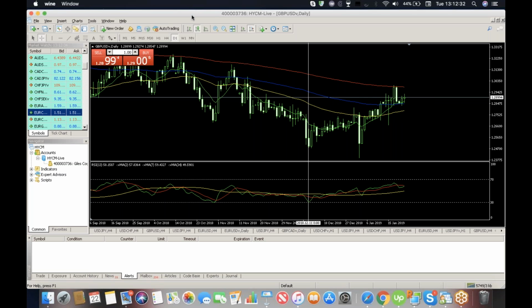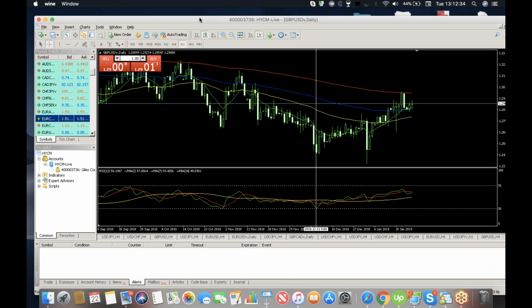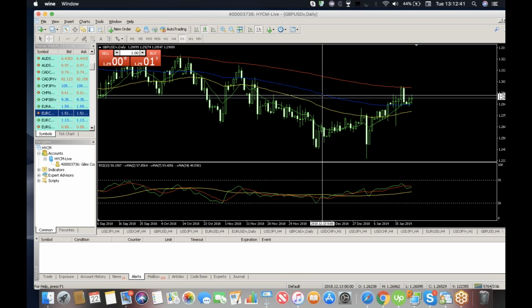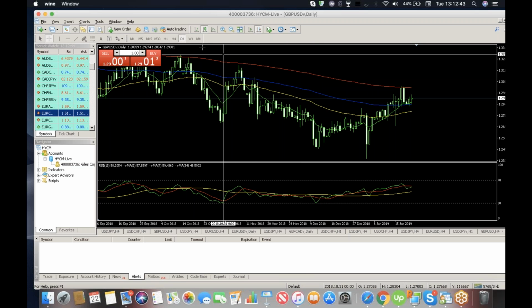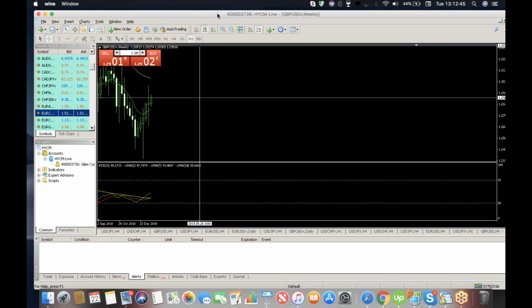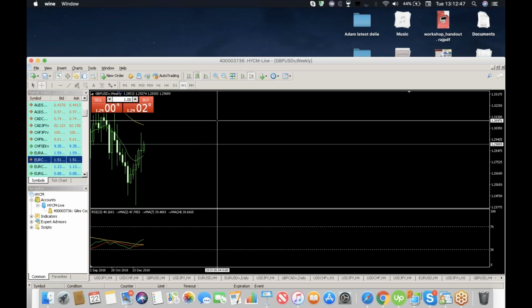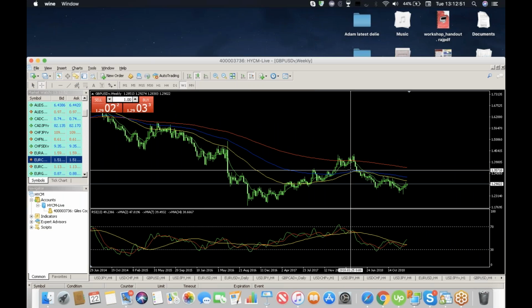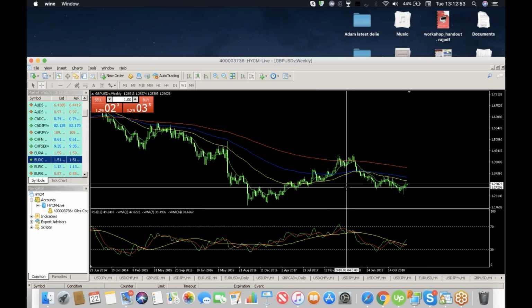Obviously, it's a big event risk for the pound, particularly headline risk. The thing to look out for is if you get a resolution of the Brexit deal. If you do, most analysts have fair value of the pound at about 1.35, so you could expect about 600 points from current prices.